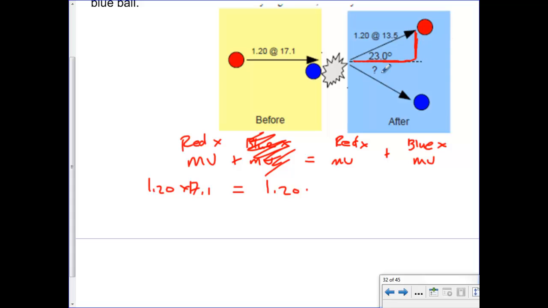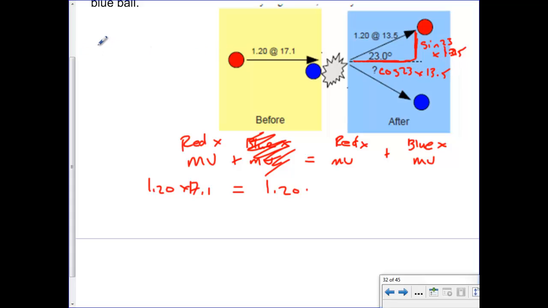We have to figure out the x and y components of this. So if you guys remember how to do that, this will be sine because it's opposite. So this will be sine 23 times 13.5. Oh, sorry, I did y first. And then for x, we'll have to do cosine 23 times 13.5.